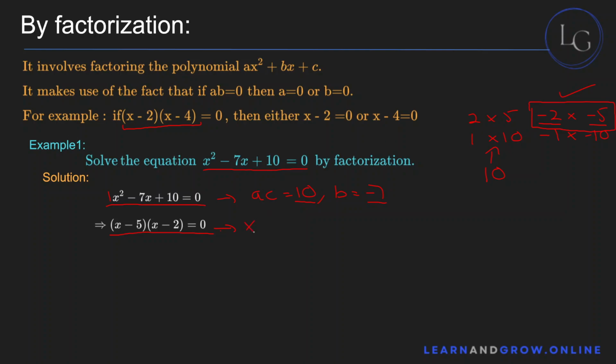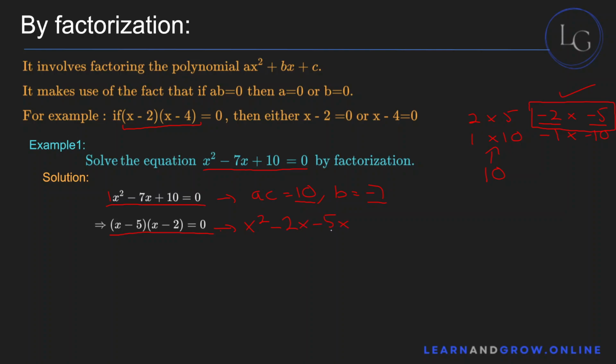So what you'll do here is put the x squared term as it is, and divide the minus 7 into minus 2 and minus 5. So it will become minus 2x and minus 5x.